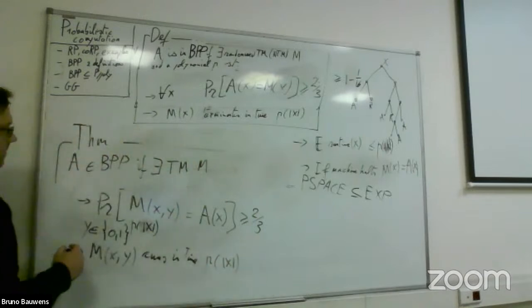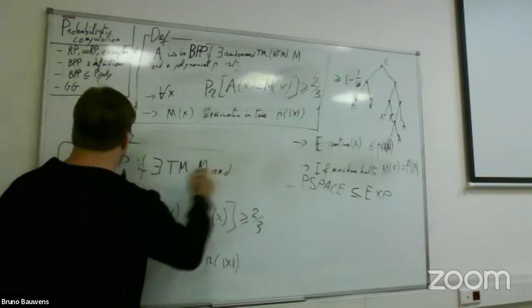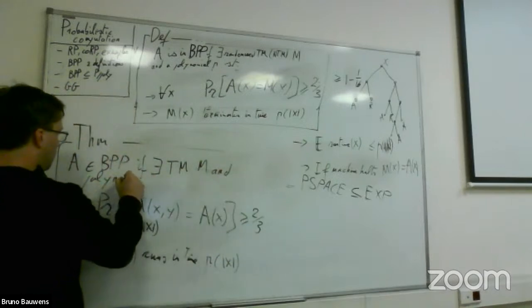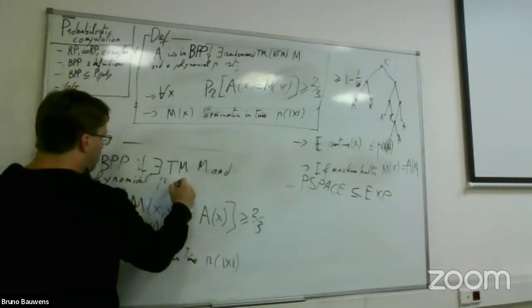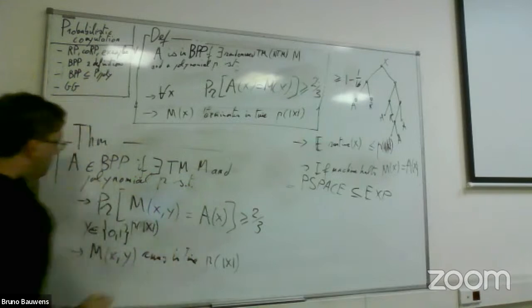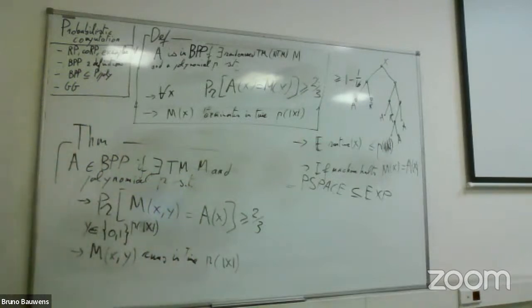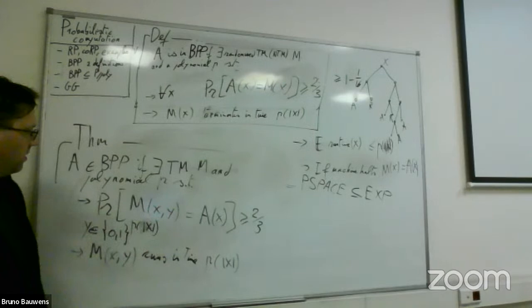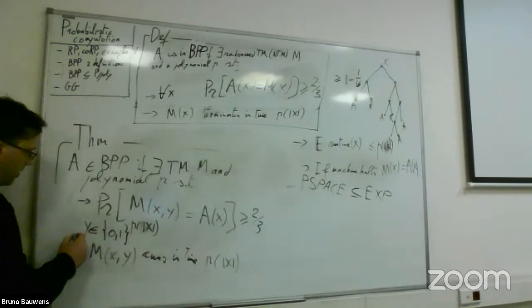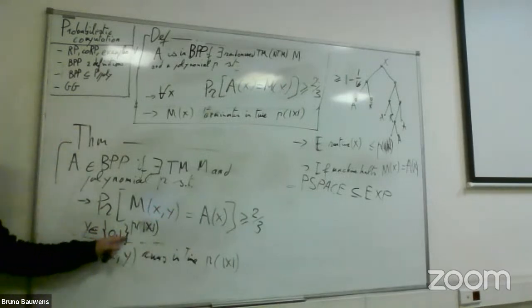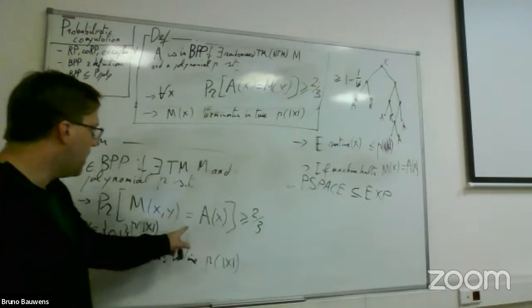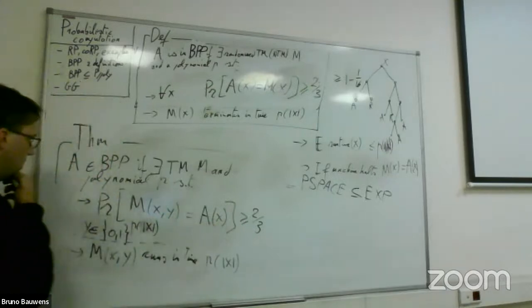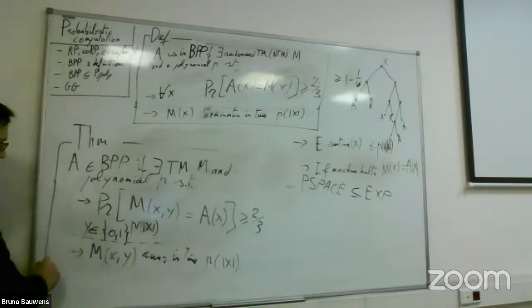So the Y string is part of the input, just like a verifier. There exists a polynomial p such that when we give it a random Y, selected uniformly over all bit strings of length p of length of X, we get the correct answer.